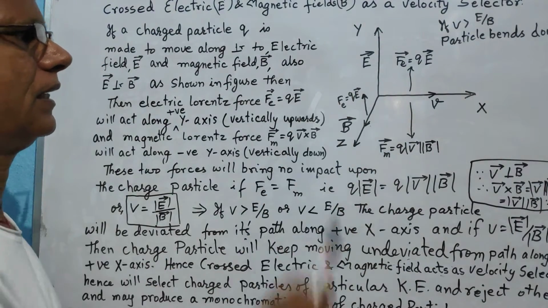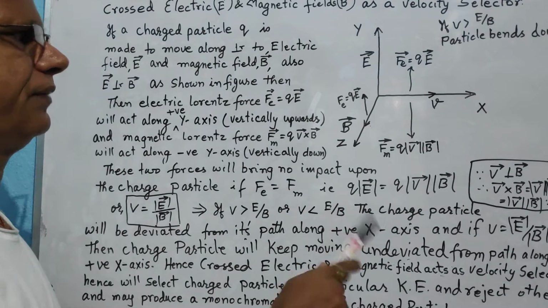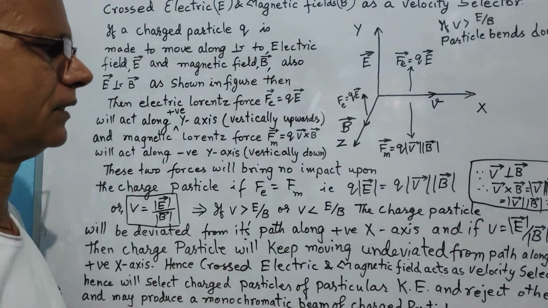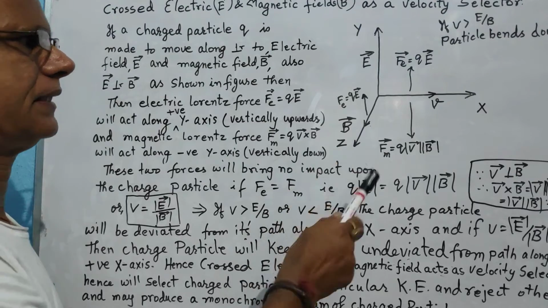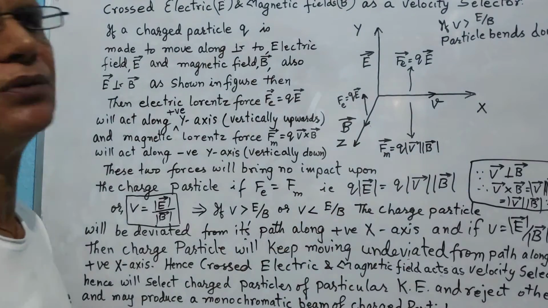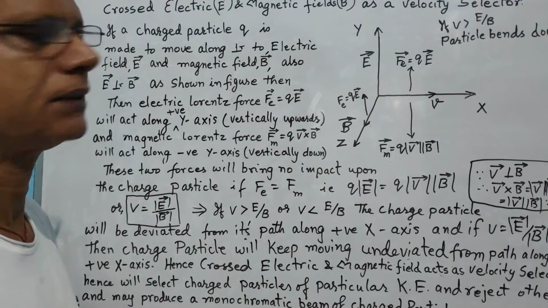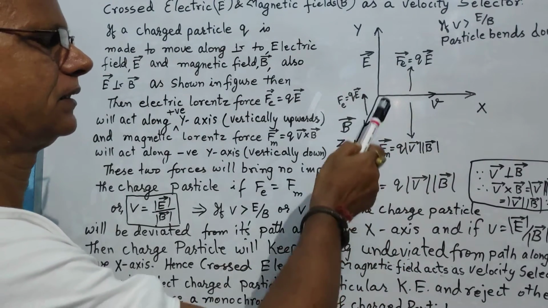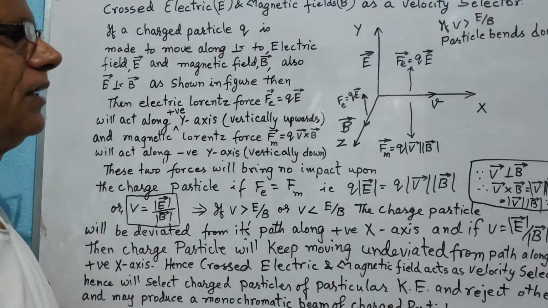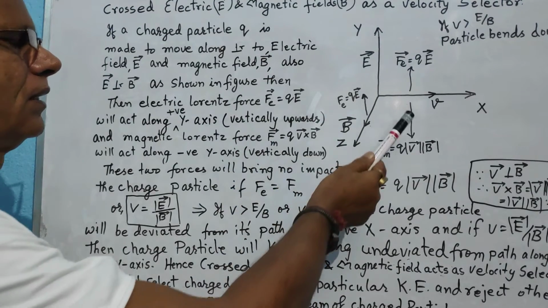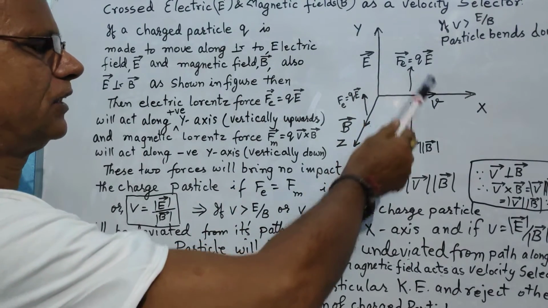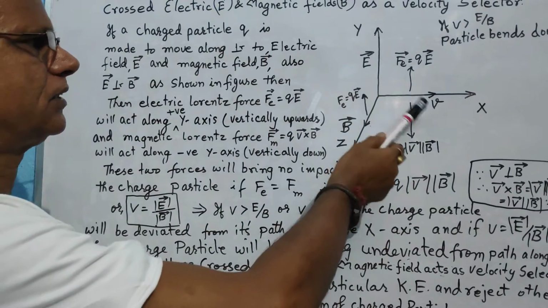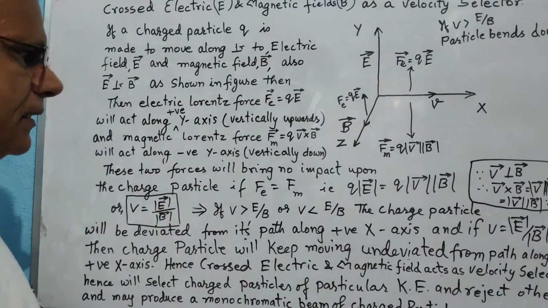Therefore they are in opposite sense. If the two forces are equal, the charged particle will keep moving along its original path, that is along the positive x-axis, and otherwise it will deviate. If the velocity is different from the ratio E by B, the charged particle will deviate from its path.